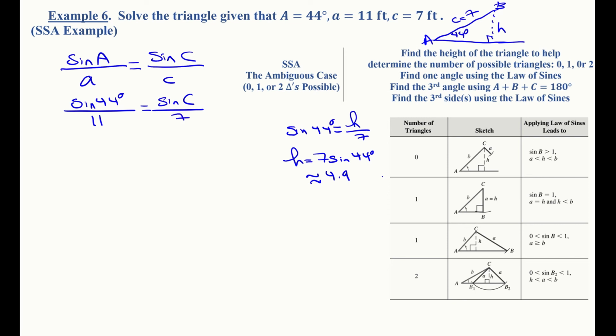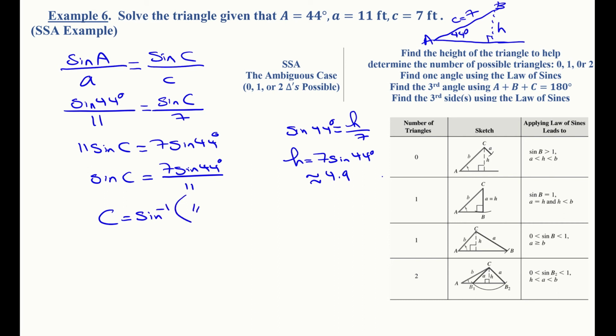So we get 11 sine C equals 7 sine 44 degrees. So we get sine of C is equal to 7 sine 44 degrees over 11. So we get C is actually the inverse sine of all that.